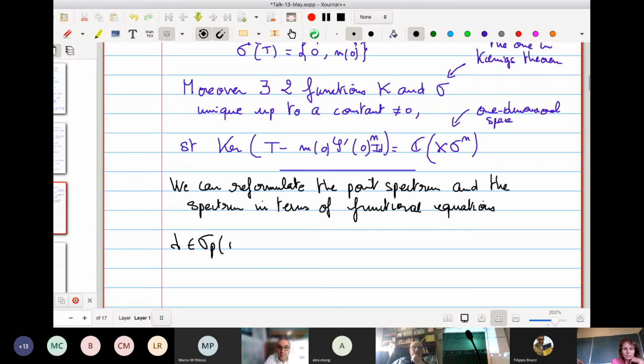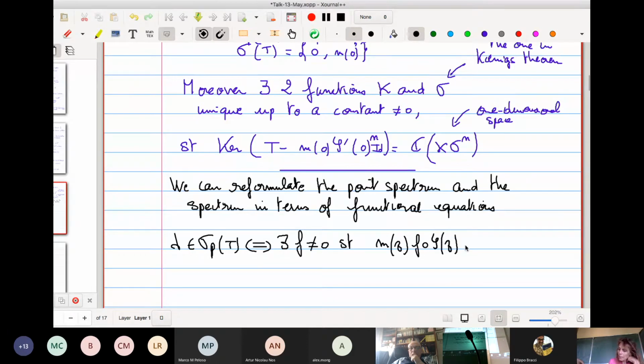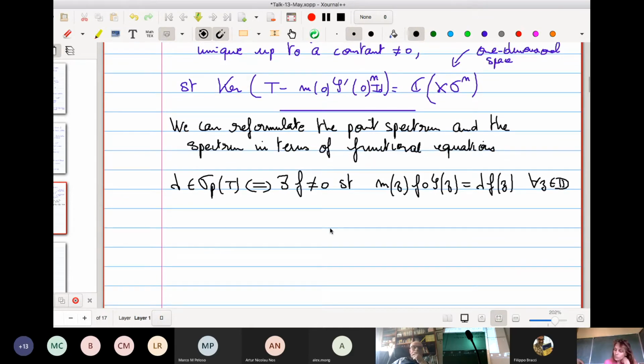To be in the point spectrum is equivalent to saying that we can find a non-zero function f such that m times f composed with phi is equal to lambda f, for all z in D. This is the same as saying m f composed with phi minus lambda f is 0 for all z in D. We call this equation the homogeneous Schroeder equation, SH.